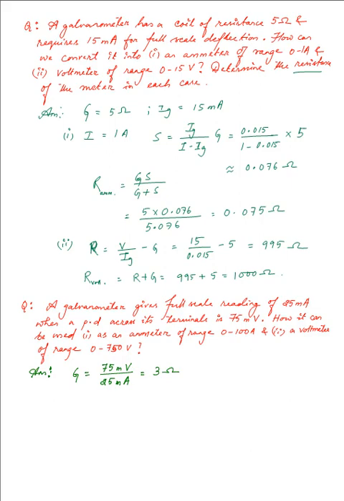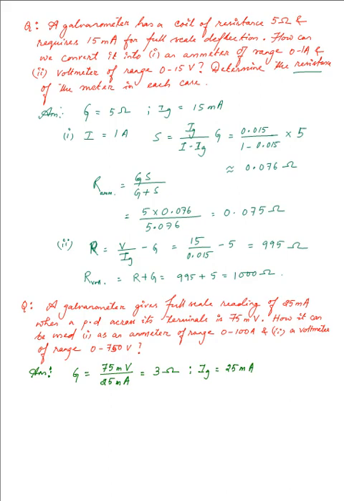So now the full scale current, we know it. The full scale current that is possible in the galvanometer is given to be 25 milliamperes. That's approximately 0.025, as in the previous case we had seen 0.015, 15 milliamperes.